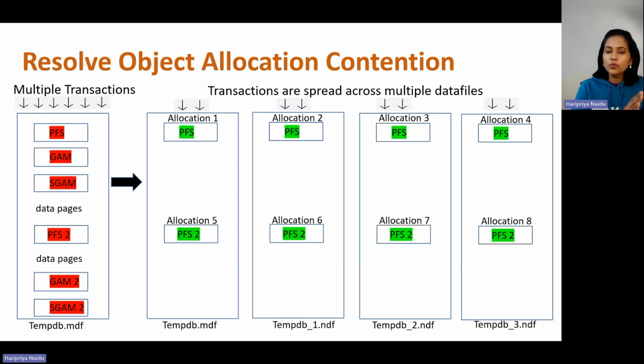So when it round robins across the files and also within the files, that helps in reducing the contention even more. So that's an enhancement they did. The key point you have to understand in resolving this allocation contention is have more PFS, GAM, SGAM pages, and you achieve that by creating more data files.